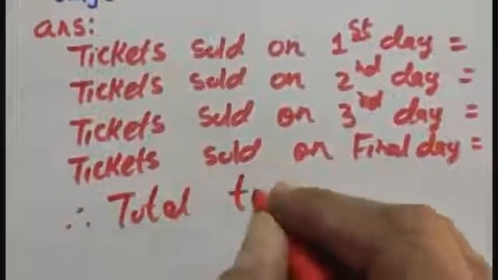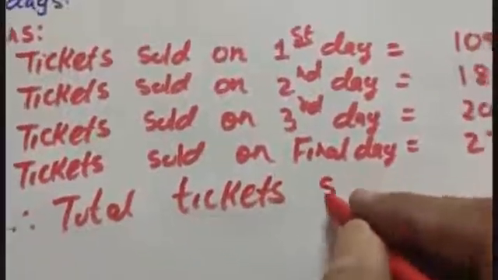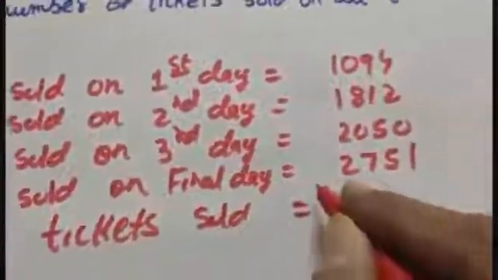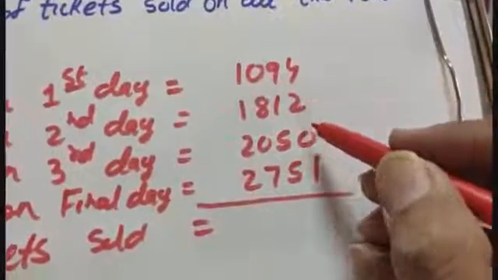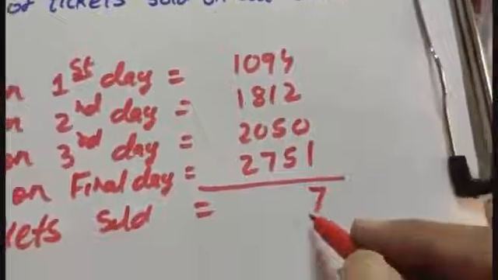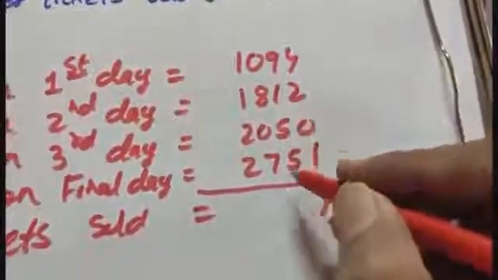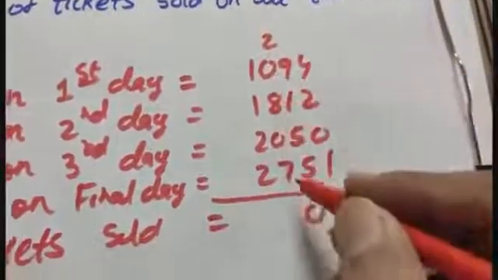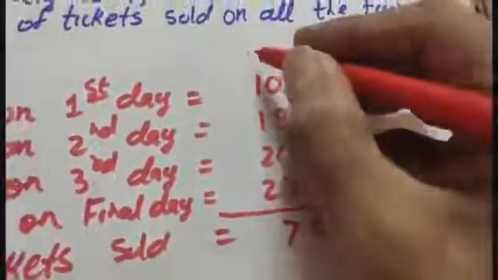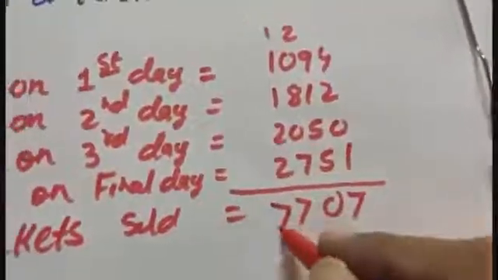Therefore, total tickets sold is equal to, we'll count: 4 plus 2 is 6, 6 plus 1 is 7, 9 plus 1 is 10, plus 5 is 15, 15 plus 5 is 20, 2 carry, 8 plus 2 is 10, 10 plus 7 is 17, 1 2 3, 3 plus 2 is 5, 5 plus 2 is 7.